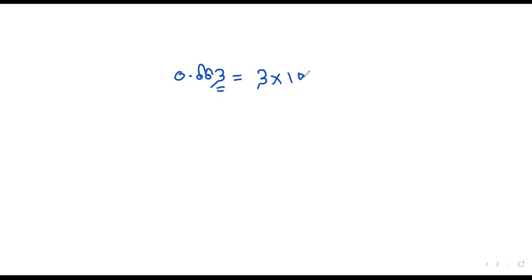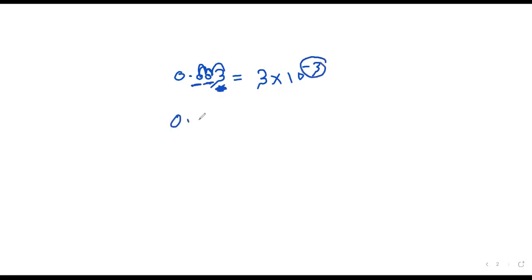So 3 times 10 power negative 3. Because here 1, 2, 3. Because I needed 3, not 0.3. So 3 times 10 power negative 3. And see here also you have 1, 2, 3 places. So it's 10 power negative 3.